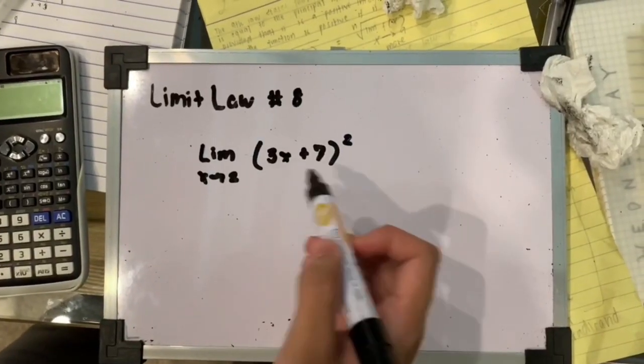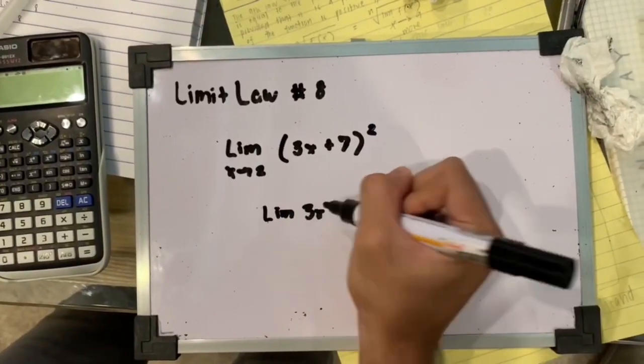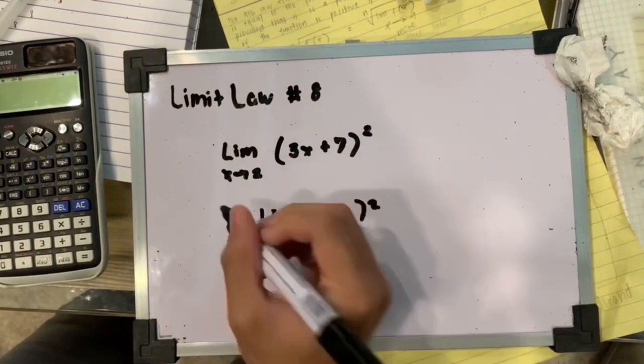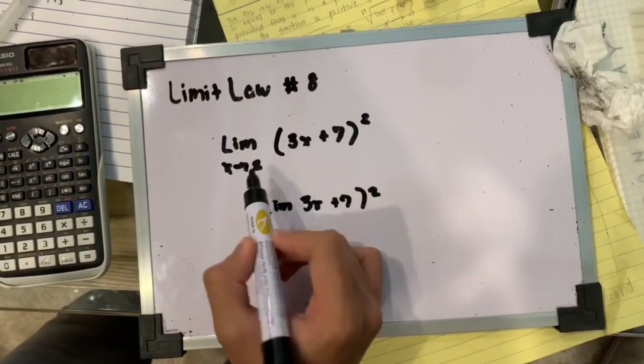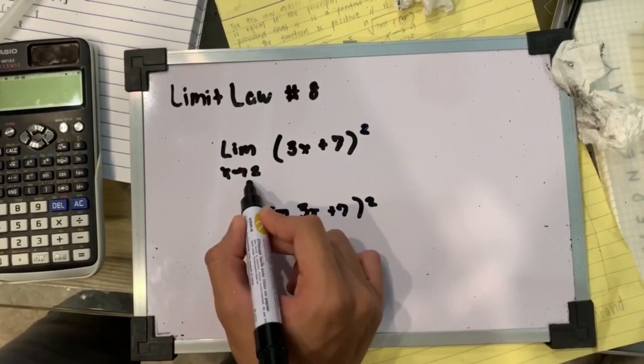So in this limit law, it's very simple. All you need to do is i-distribute mo muna yung limit dito sa mismong equation. So ang mangyayari is the limit of 3x plus 7, squared. So after niyan, kung ano yung ina-approach ng x, yun yung isa-substitute natin dito sa x. So equals 3 times 2 plus 7, saka natin ilalagay yung square. Equals 6 plus 7, squared.